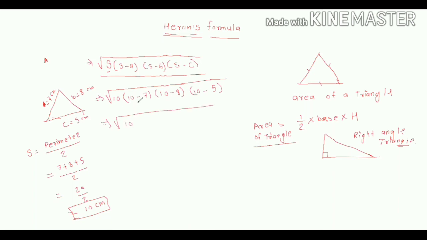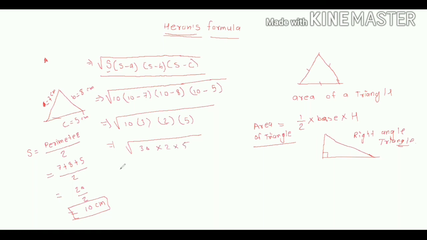Then I will write: 10 minus 7 is 3, 10 minus 8 is 2, and 10 minus 5 is 5. Then we have to write 10 threes are 30, into 2, into 5.